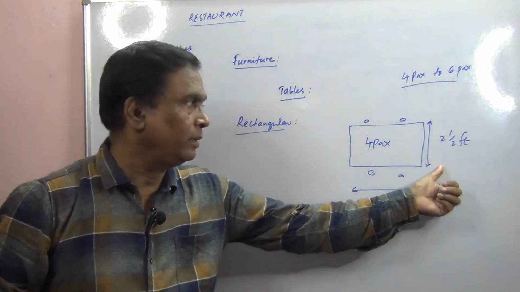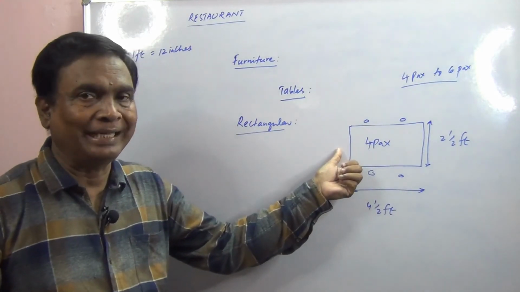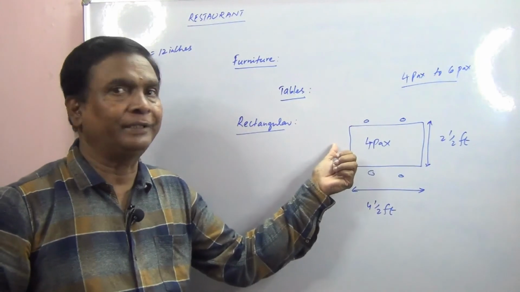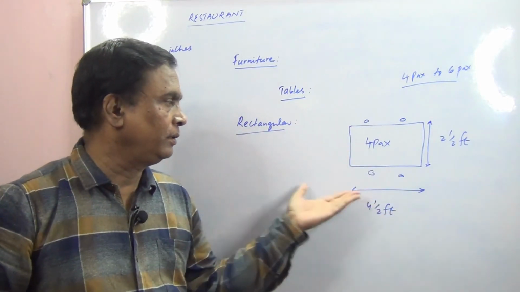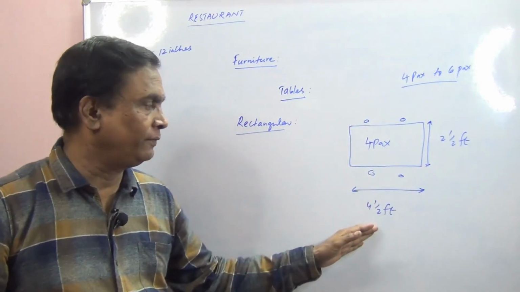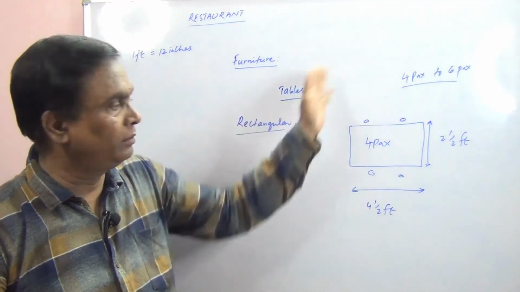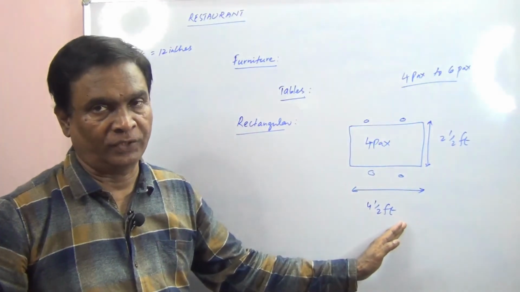If you know one side, the opposite side is also the same, so you don't have to write it here, 2.5 feet here. Similarly, one side, if you know it is 4.5 feet, the other opposite side is also the same size.